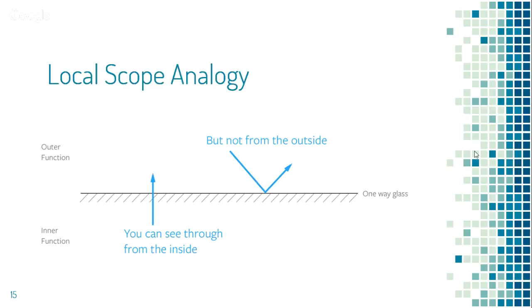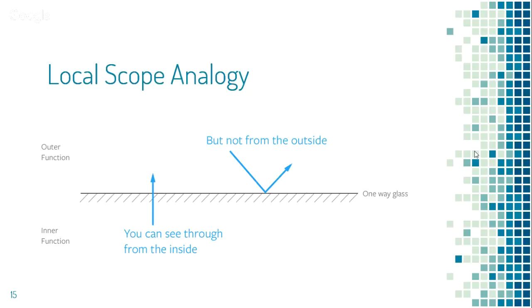If you're inside, on the inner side of the one-way glass, you're able to see what's on the outside. This is just like when an inner function can access the scope of the outer function. Remember, that's the lexical scoping.